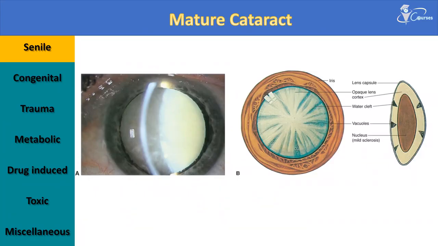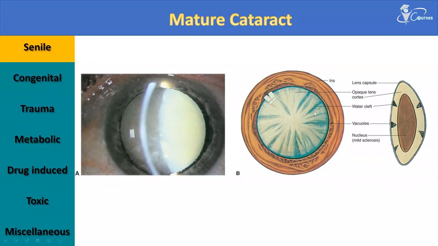When the patient has a liquefied cortex, and the cortex becomes totally liquefied, then the nucleus becomes totally white and opaque. In this case, we call it a mature cataract. So you see these wedges with clefts and vacuoles of the cortical cataract. This is a cortical cataract.